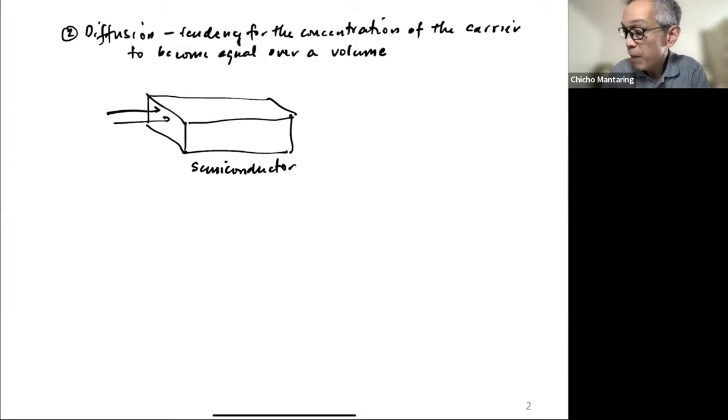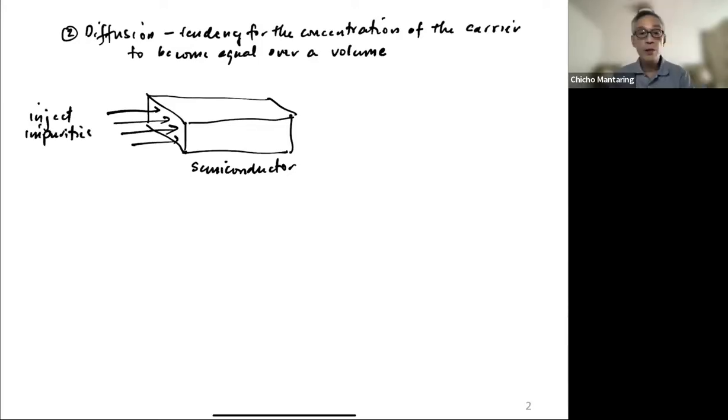And you manage to inject impurities into one end of the solid. So let's say holes, or acceptor impurities. We're injecting acceptor impurities, so effectively we're injecting holes.